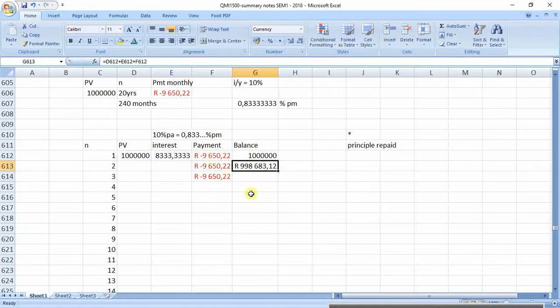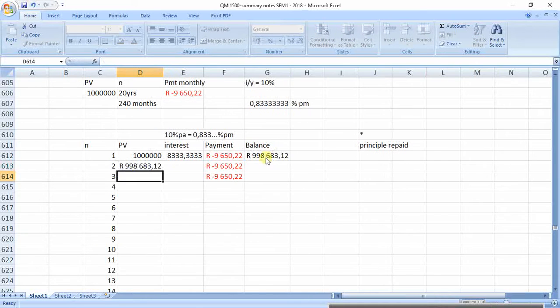That's what you would have as a balance at the end of month 1. Month 2's... oh hold on, wrong line. No, let's redo. This plus that minus that. That's better.